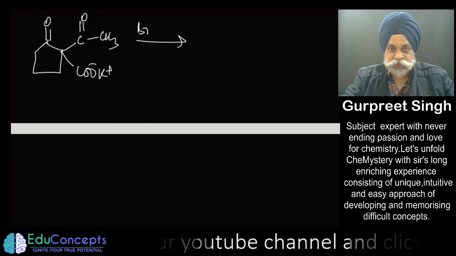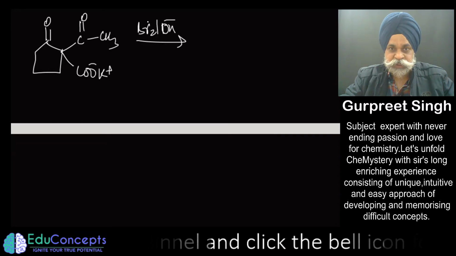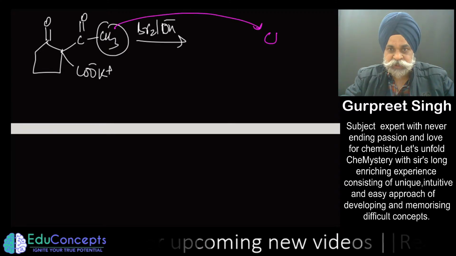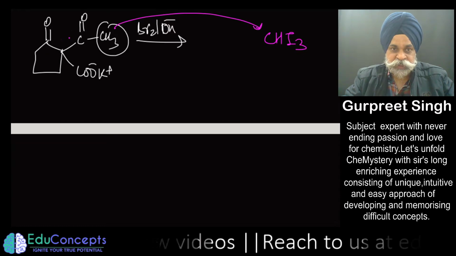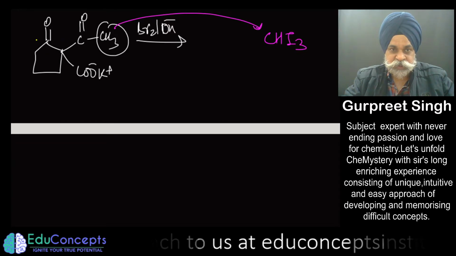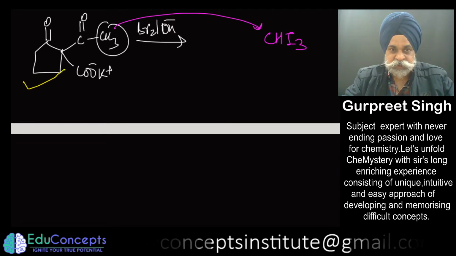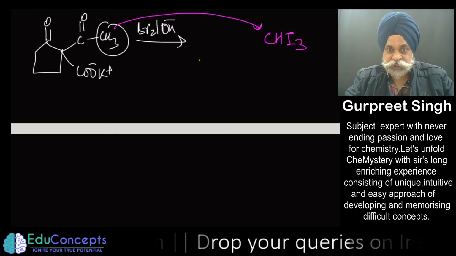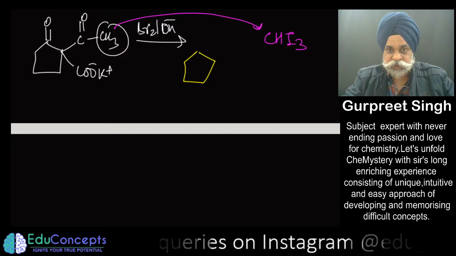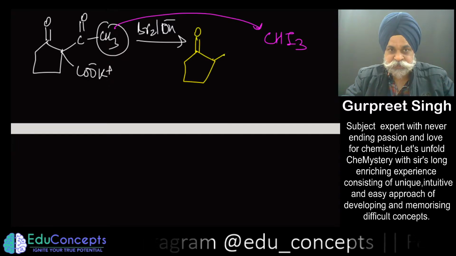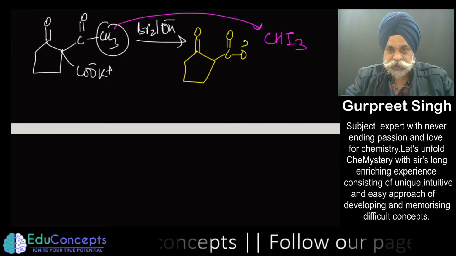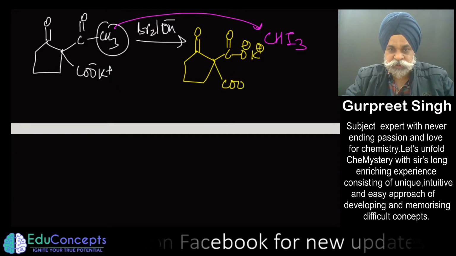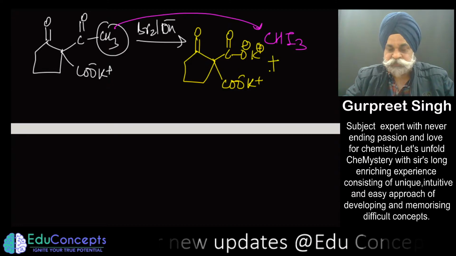Now bromine in presence of KOH would turn this part into CHI3, and the whole remaining part would change into CO negative, K positive, and here you have CO negative, K positive. This is what you get.